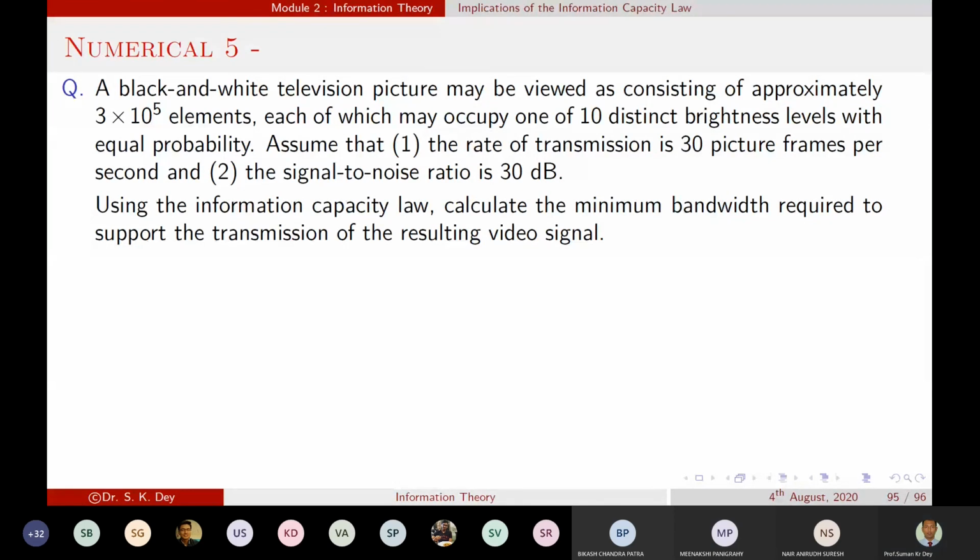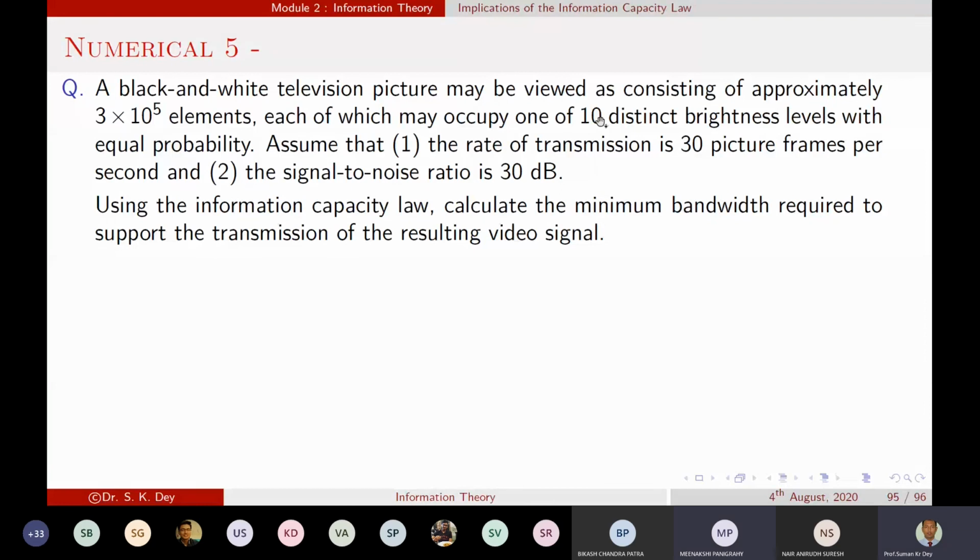Tell me. What is the relation between the level L and the number of bits N? N is equal to log 2 L. So N equal to log 2 10.